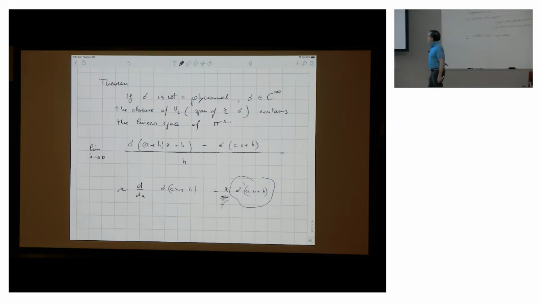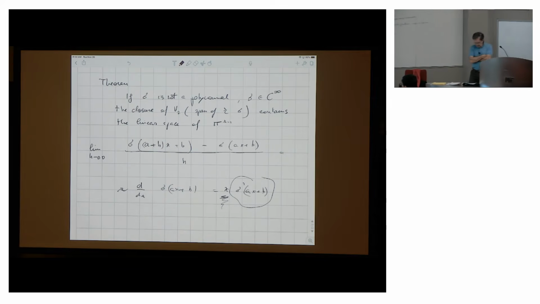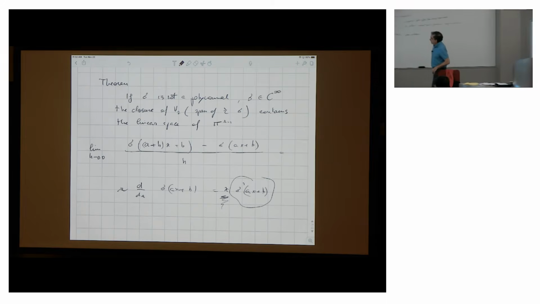I can evaluate, for instance, at a equals 0.